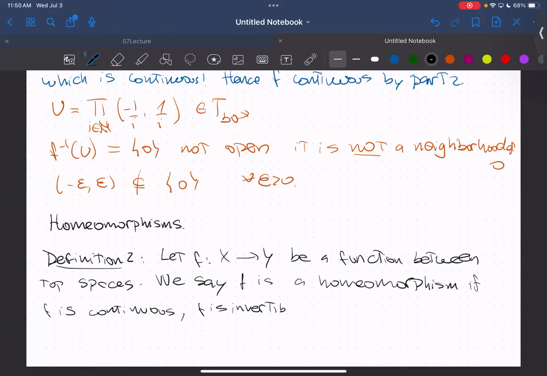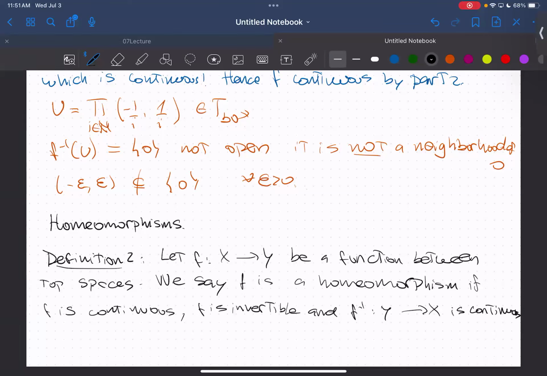that means bijective. Are you more familiar with invertible or bijective? Same. Okay, I'll say invertible. And the inverse, which is a function from Y to X, is also continuous. And that's not something you need to say in linear algebra. I will upload that to my notes.